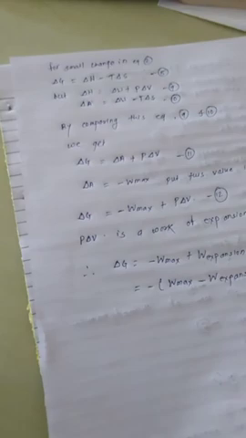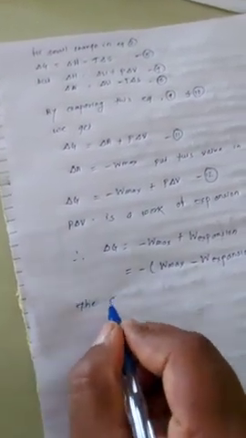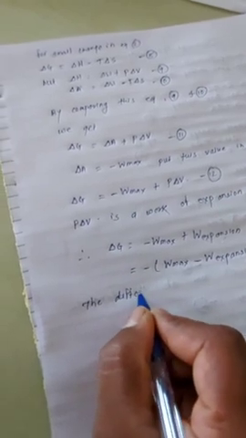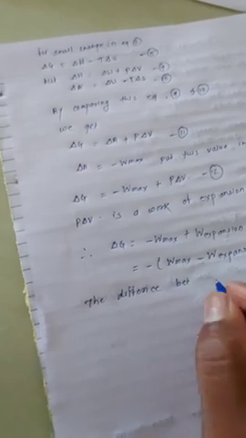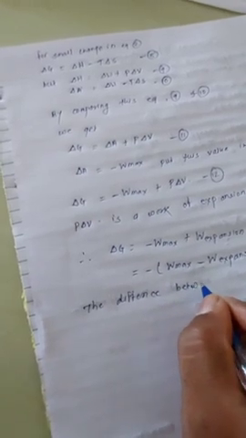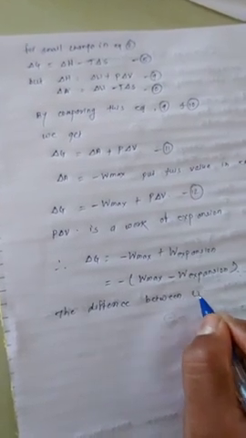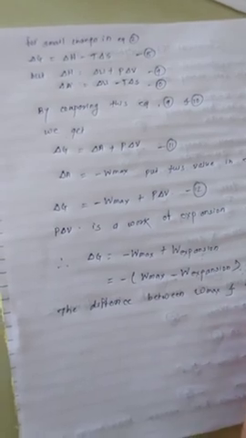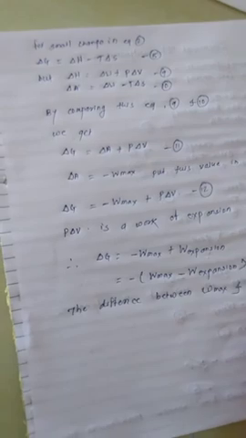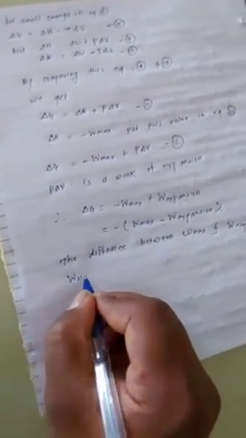Then the difference between W max and W expansion is W net.